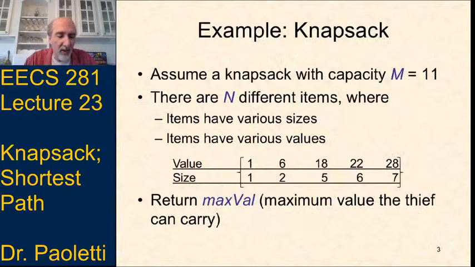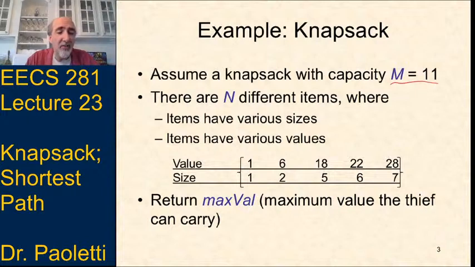So if we look at just a simple example here, I sorted all the items in increasing order of value and just happen to be increasing order by weight also. So we've got a capacity of, say, m equals 11, and we've got all these different items with various sizes and values, and we want to return the maximum value.